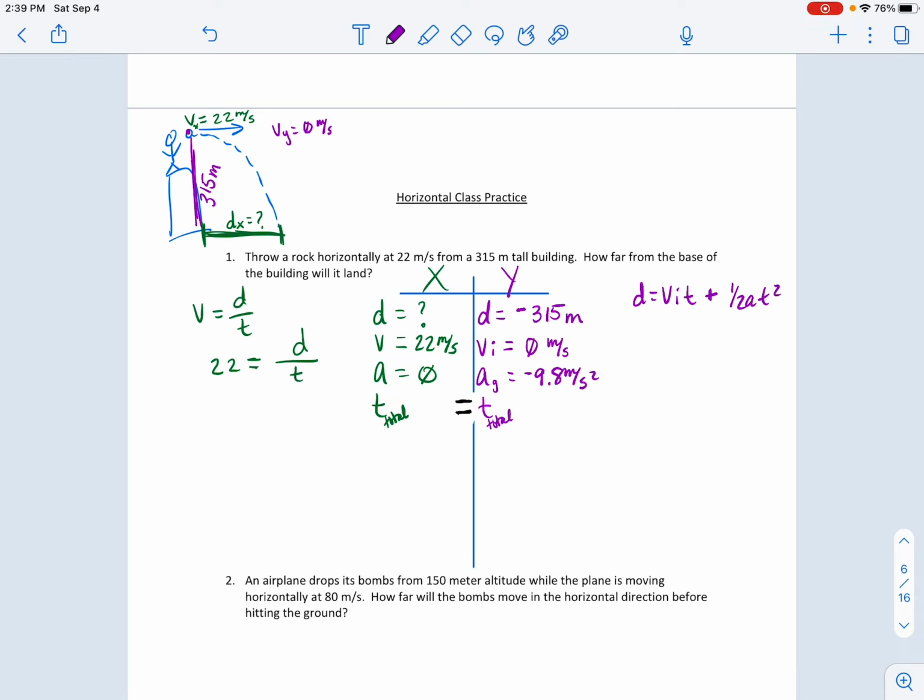So when I go to substitute my numbers, remember vi is 0, so all of this becomes 0. So I'm going to just choose to simplify this to negative 315 equals 1/2 of negative 9.8 times t squared. Half of negative 9.8 is 4.9, so I'm going to divide both sides by negative 4.9.